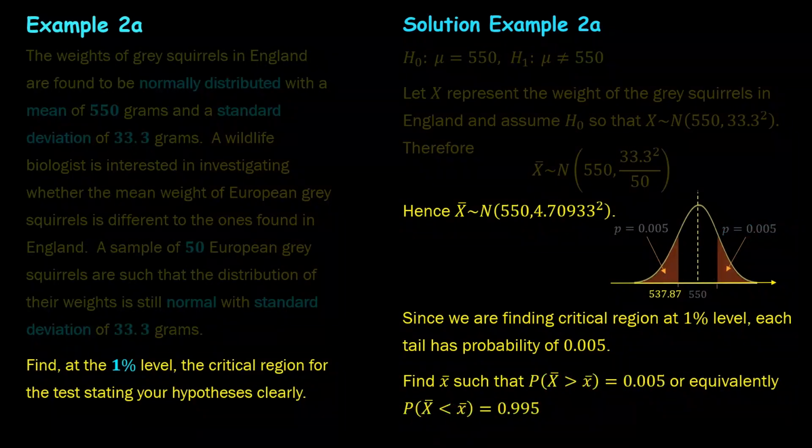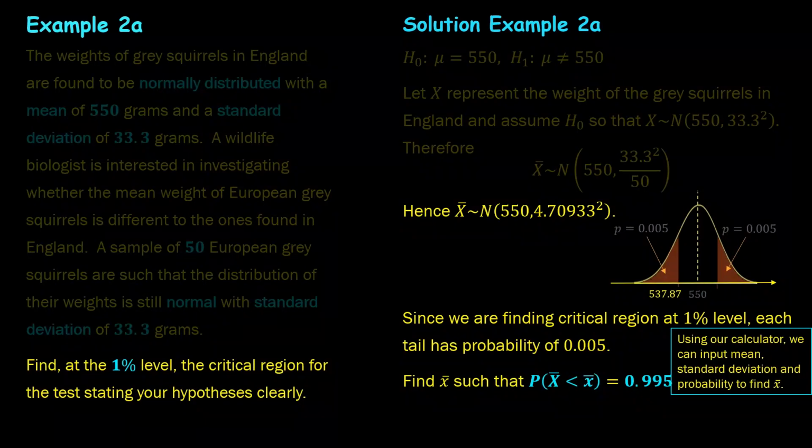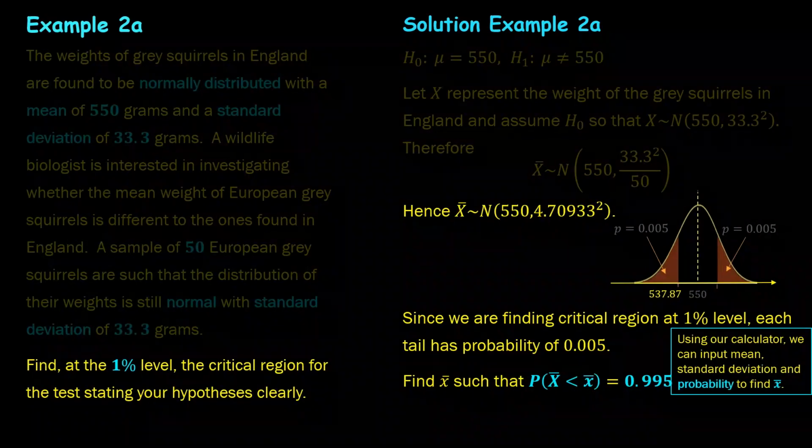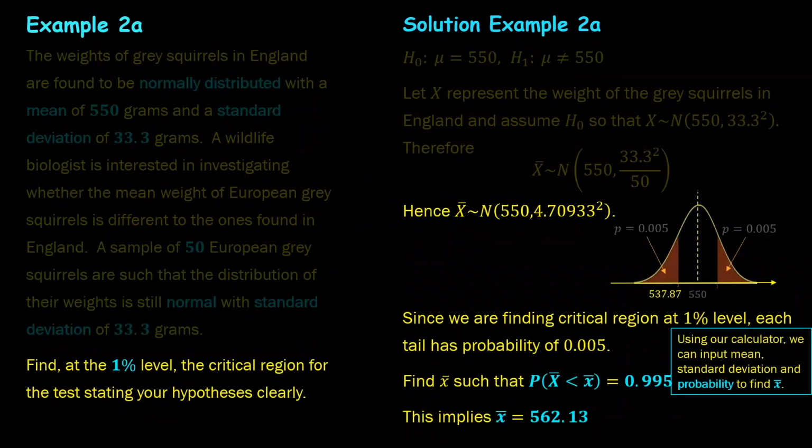And again, using our calculator, we can input the mean, the standard deviation, and the probability to find this little x bar. So the mean is 550, the standard deviation is 4.70933, and the probability is 0.995, giving us from our calculator that x bar equals 562.13.